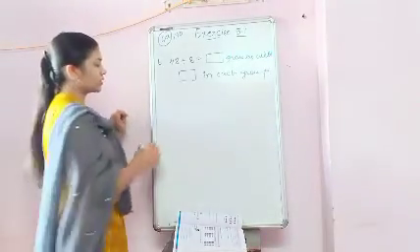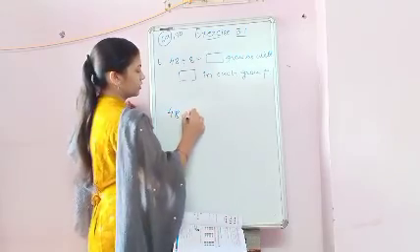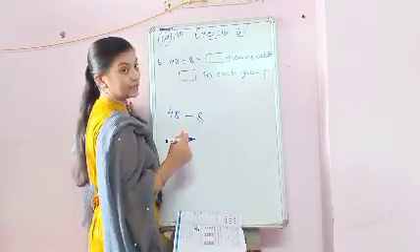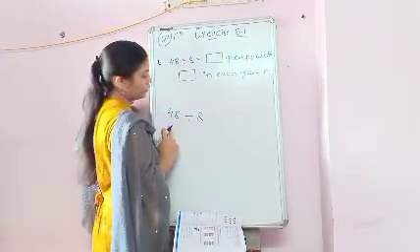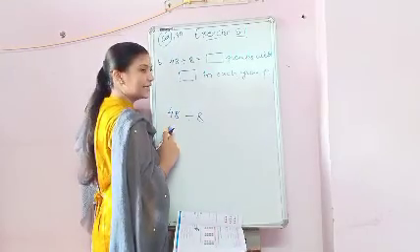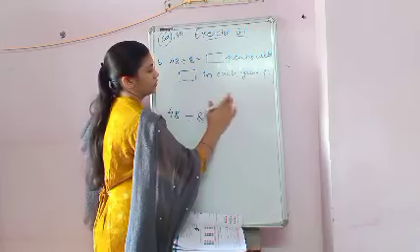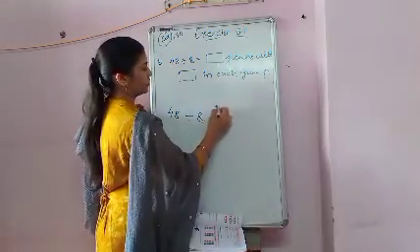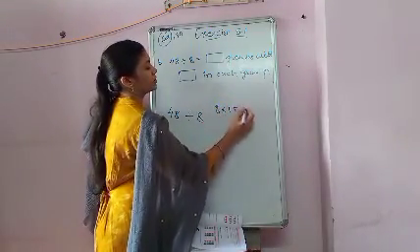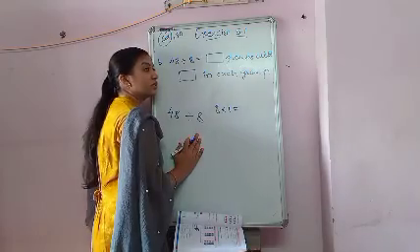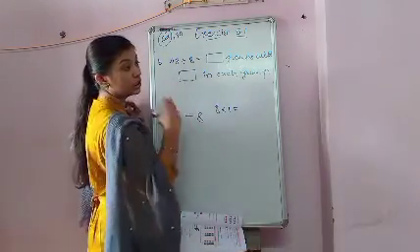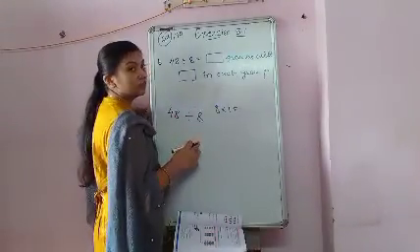So how many come? 8 sevens are 56, sorry. So I am writing the table of 8. For division, you compulsorily have to remember all the tables that we already did previously.